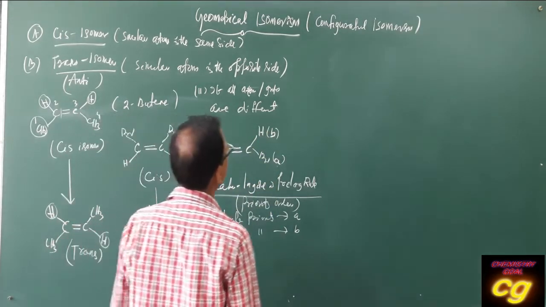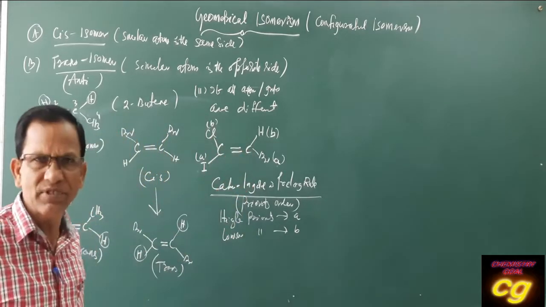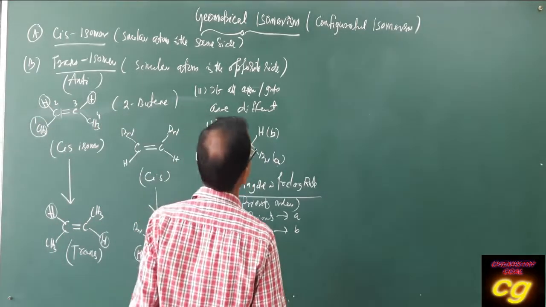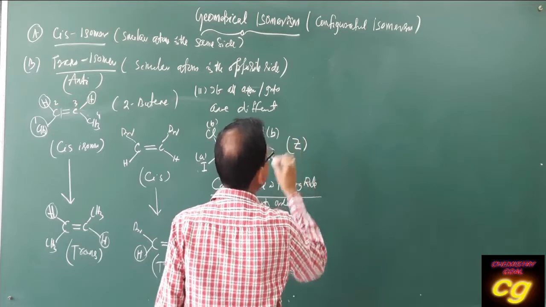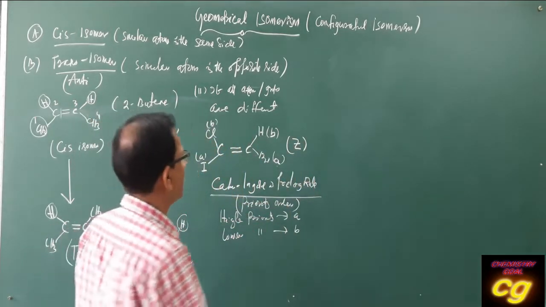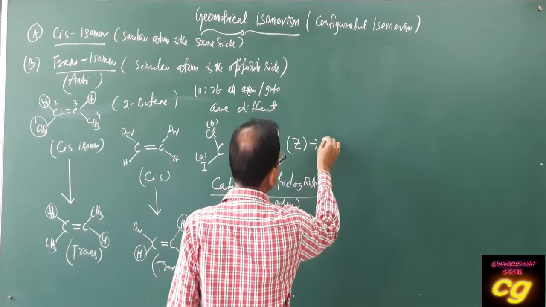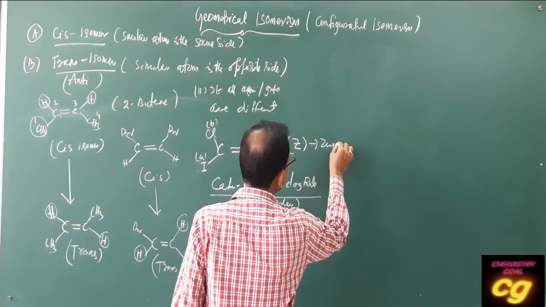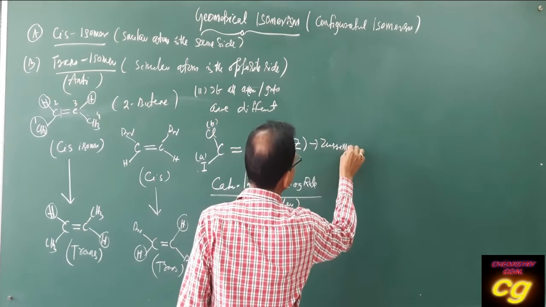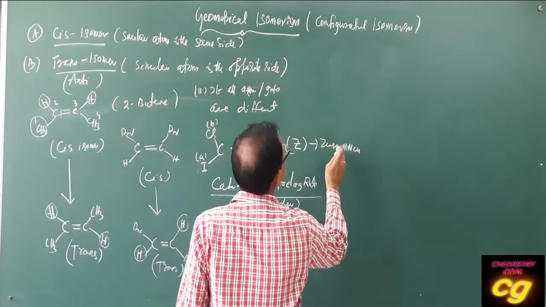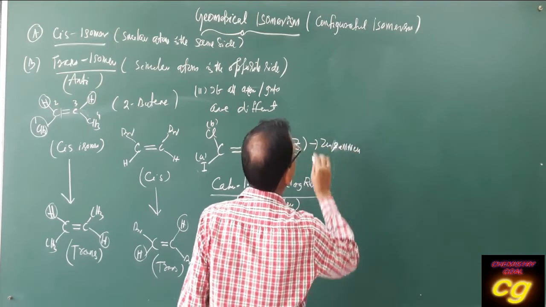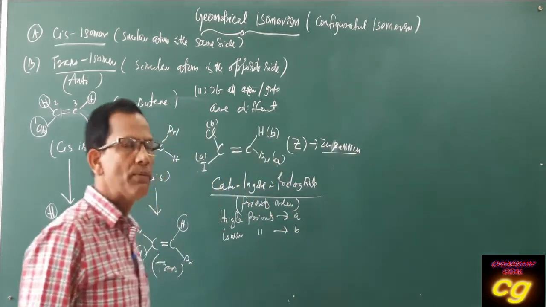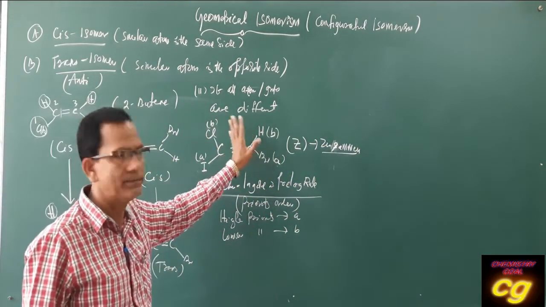So it is called same side, that is called Zusammen. Z indicates Zusammen. Zusammen means same side.